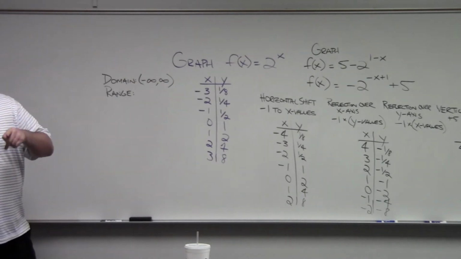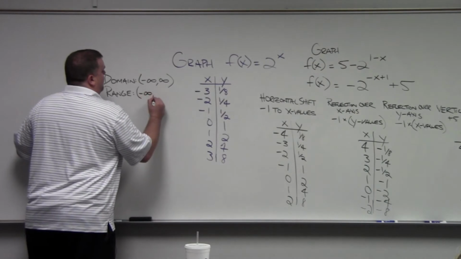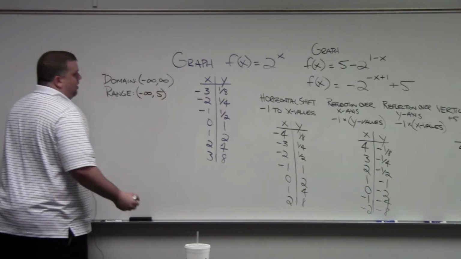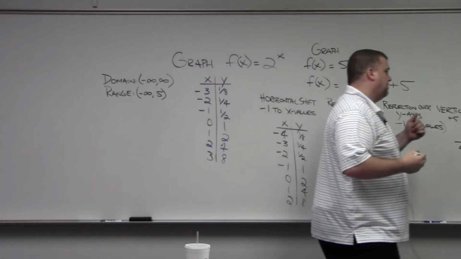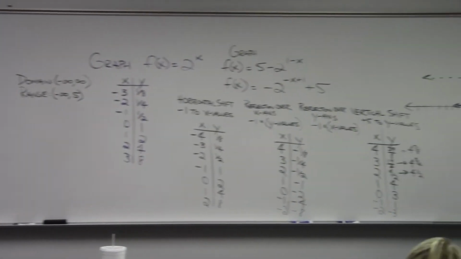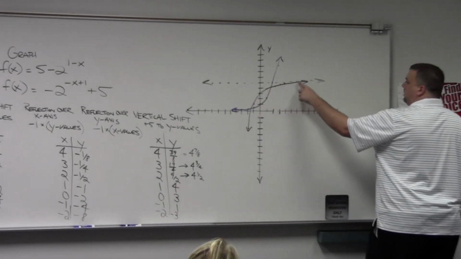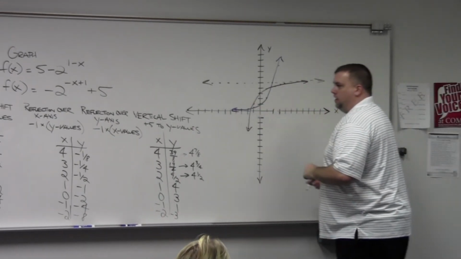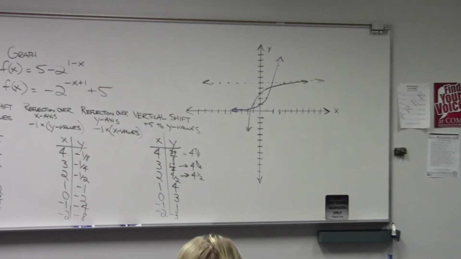Close. Correct. Because remember, it has to go from bottom to top. So -infinity to 5. We had a reflection over the x-axis, so it's going to switch. Notice it's going forever down, and then it's getting close to this asymptote, but never touching it. So the range is always read from bottom to top, so our range would be -infinity to 5.